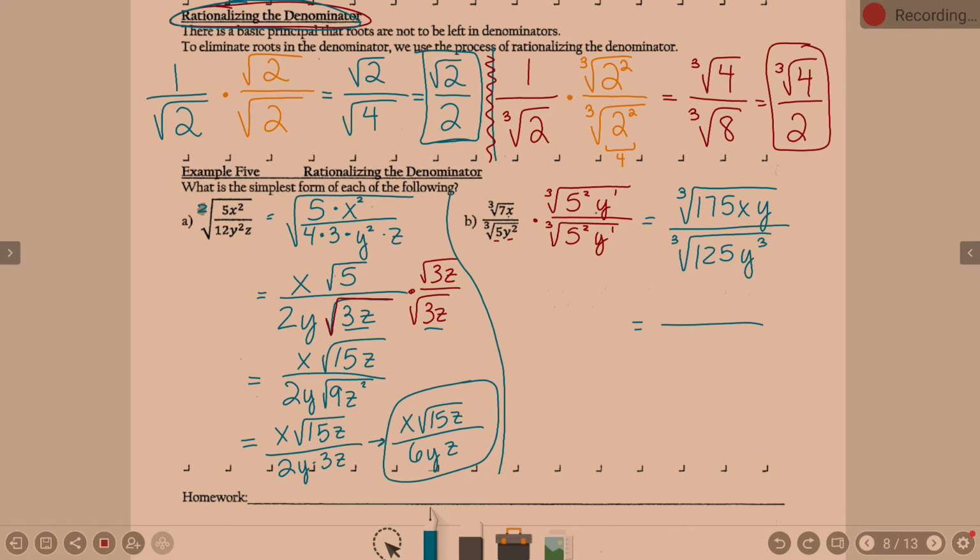I would ask you if there's any perfect cubes, but it came from multiplying 2 fives and a 7, so there's not 3 of anything in there. So my numerator is going to stay the cube root of 175xy. Denominator. What's the cube root of 125? 5. Calculators will verify that. What's the cube root of y to the third? 3 divided by 3 makes it y to the first, or in other words, y.